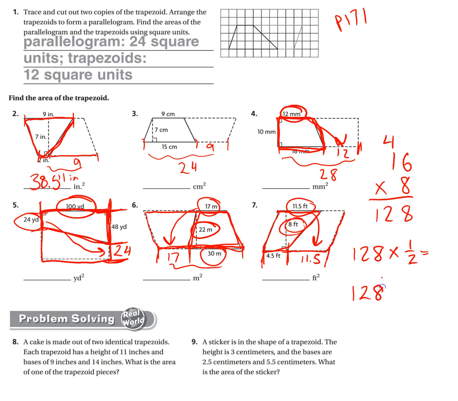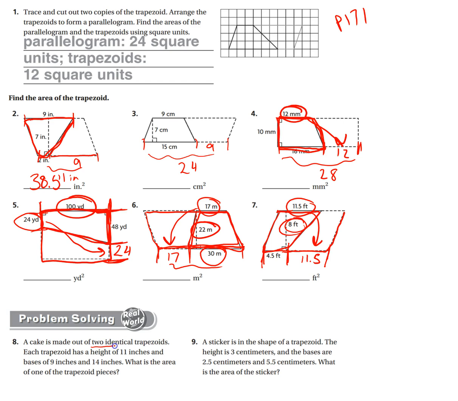Or we could do 128 times 0.5, or we can take 128 and divide it by 2. Any of those will work. I'll let you do that math though. But again, if you need additional help, please don't hesitate, raise your hand.